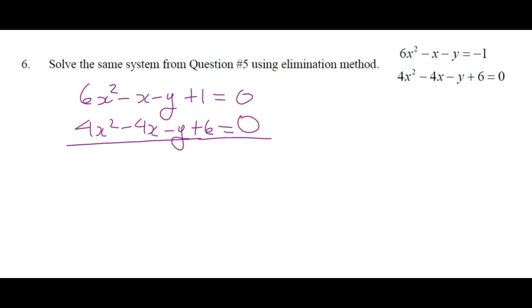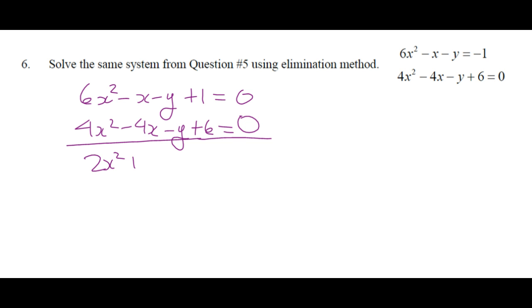I got a minus y, okay, so we're going to subtract. If you know you're going to subtract, you may want to put the larger x squared on top. It doesn't matter, right? If we ended up with negative 2x squared, we would just go through it. Okay, what do we got? 2x squared. Negative 1 minus negative 4 is 3, a plus 3, right?